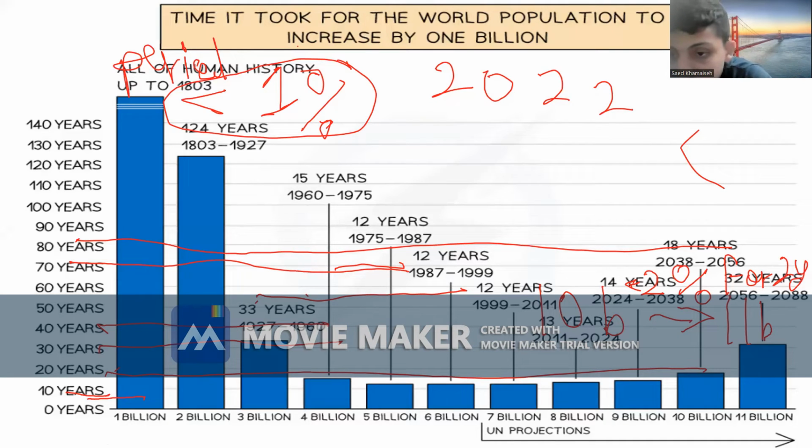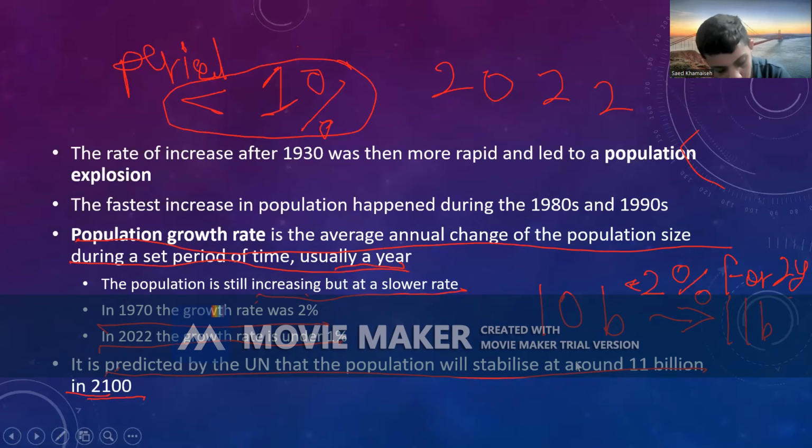So here it takes time. So now let us go back to what we discussed. In 2100, after 78 years, the United Nations predicts that the population will be 11 billion.